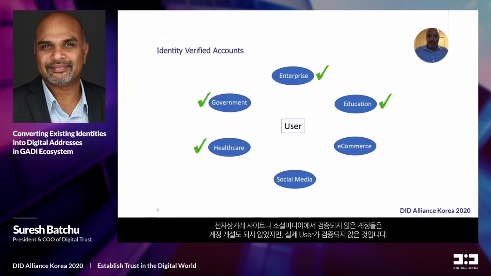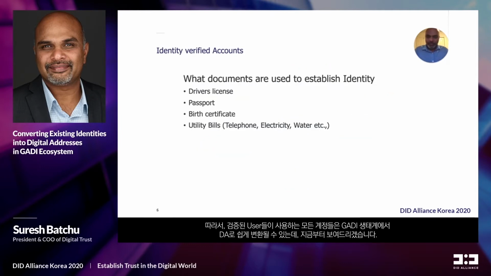The ones that don't get verified are e-commerce sites and social media. You open an account, but the user is not verified. So all the ones where the user gets verified, those accounts can be easily converted into digital addresses in the GADI ecosystem, and I will show you how to do that.